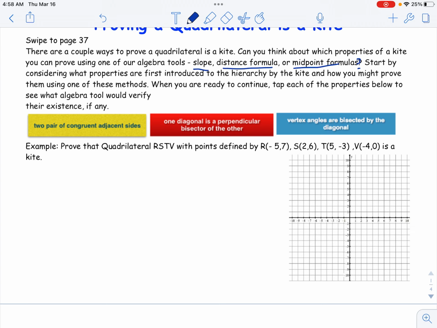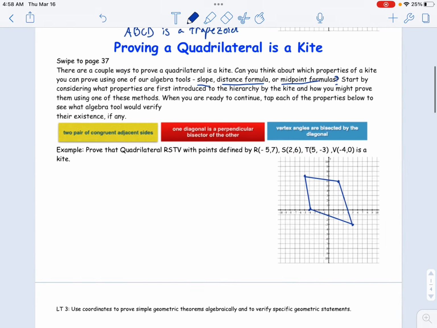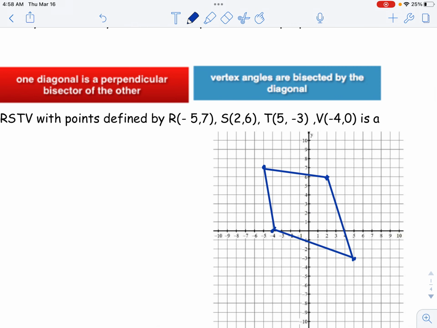So we got negative 5, 7, 2, 6, 5, negative 3, and then negative 4, 0. Alright, we could use the distance formula 4 times, which would be a little much.